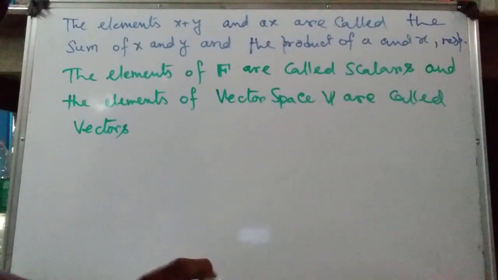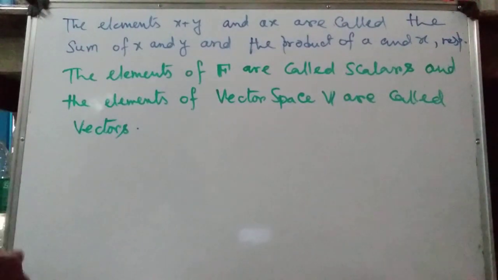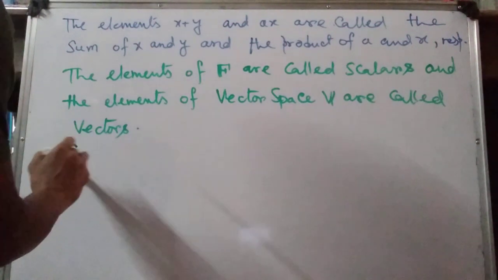We also say that every vector space is a vector space over a field F.